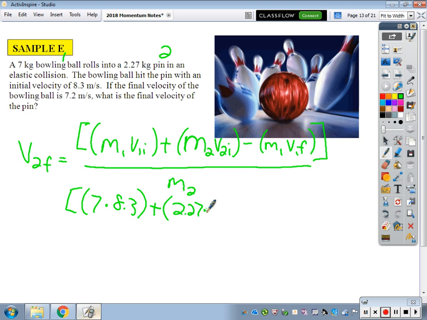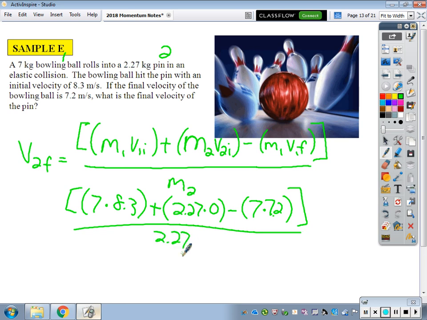Now, I don't know about you, but the times that I have gone bowling, the pins have an initial velocity of 0. They are not moving at the time in which I start rolling the bowling ball down the alley. Minus M1, which is 7, times its final velocity, the other remaining velocity, which is 7.2. Close that off. All then divided by mass 2, which was 2.27.